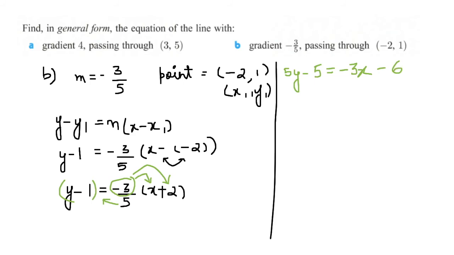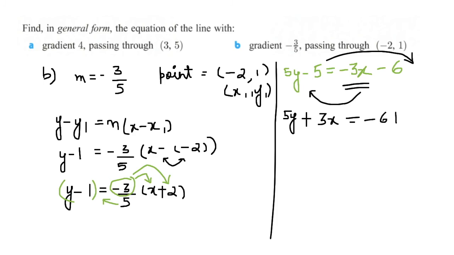I remember that I have to keep x positive, so I'll shift this to the left hand side. This minus will become plus, and the minus 5 I'll shift to the other side, where it becomes plus 5. So finally I'll have 5y plus 3x is equal to minus 6 plus 5.